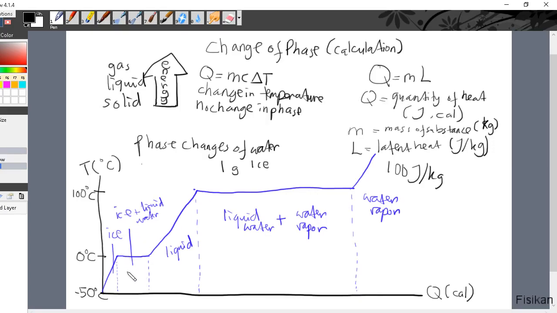And how do we know that this amount of water needs some energy? At this point, it requires 80 calories in order for 1 gram of ice to become 1 gram of liquid water.